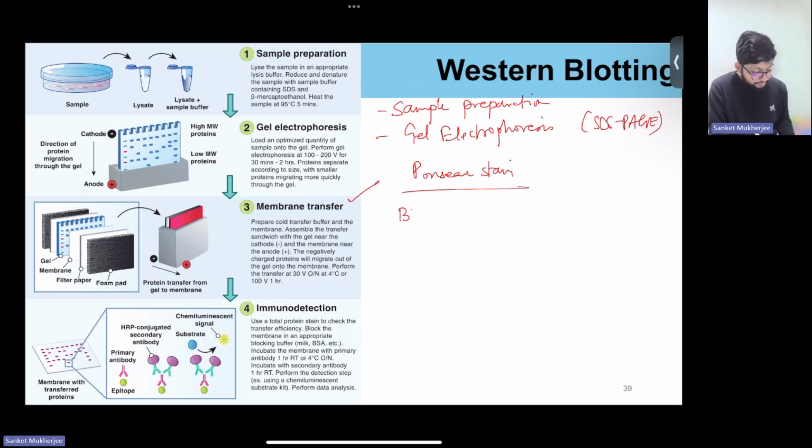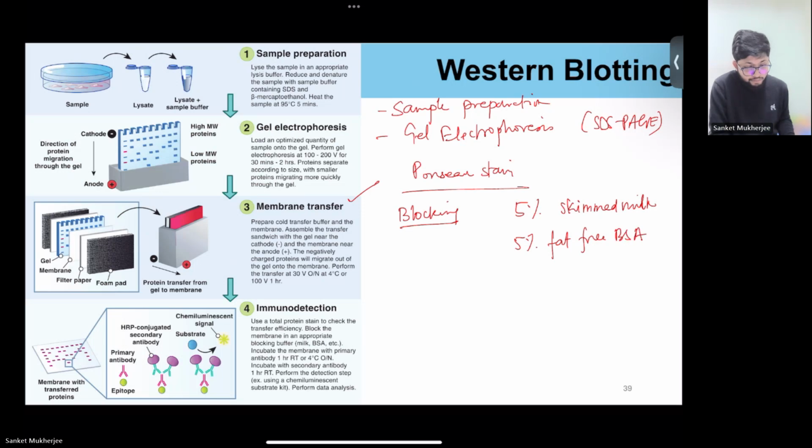Then there is blocking. Blocking is performed with either 5% skimmed milk or 5% fat-free BSA. Then we go for probing. So probing is basically antibodies are given.